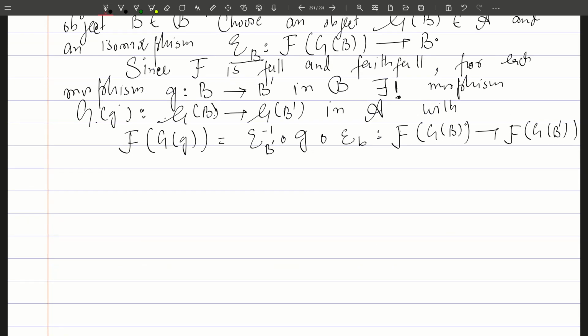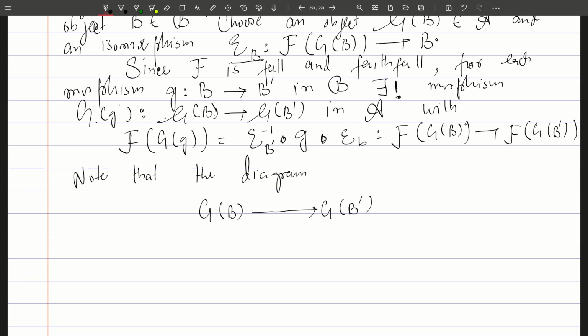So this comes from the fact that, I want to note here, if we look at this diagram, first of all we have a morphism Gg between the objects G of B and G of B prime.